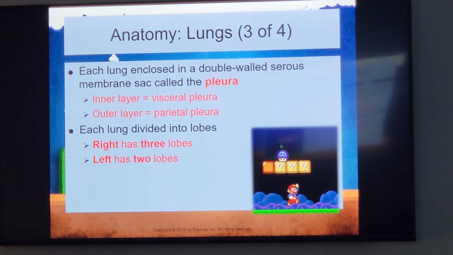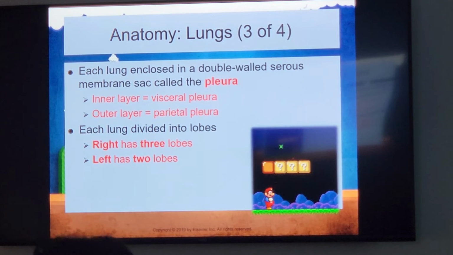What were we talking about before? Oh, the secondary and the tertiary. You're on the right track. There's three what on the right? Bronchi. Three secondary bronchi, correct. Three secondary bronchi means the three lobes.